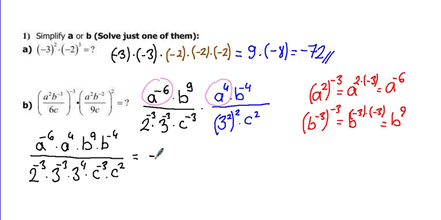Okay, now I perform here these like terms in multiplication, so I add the powers. I use the same color. A to the power of minus 6 plus 4 minus 2. So for b to the power of 9 and b to the power of minus 4, it makes b to the power of 5.